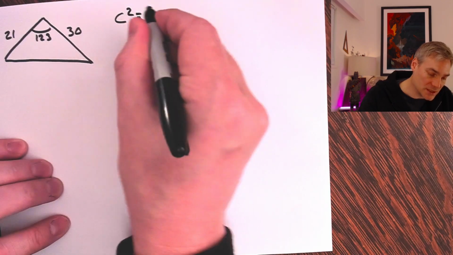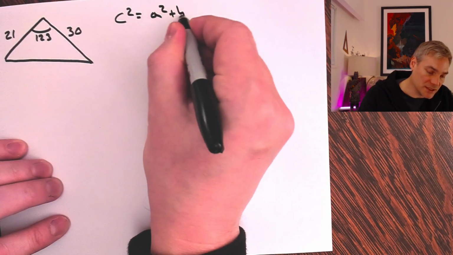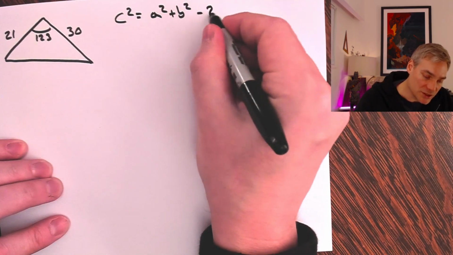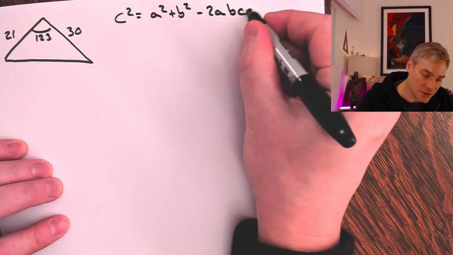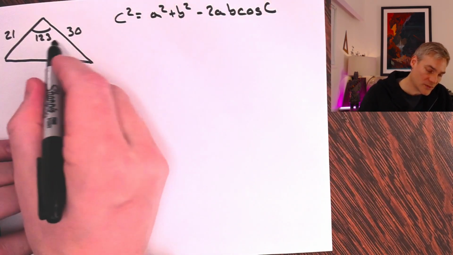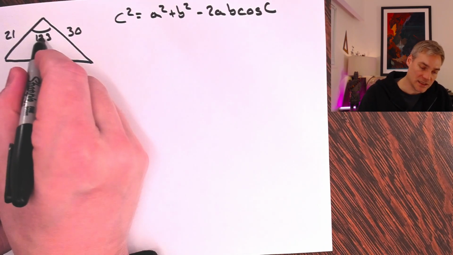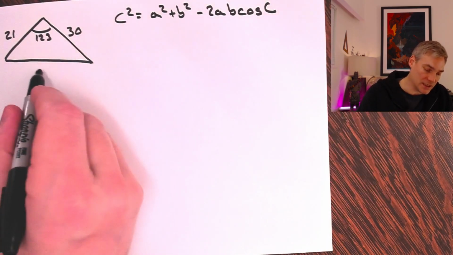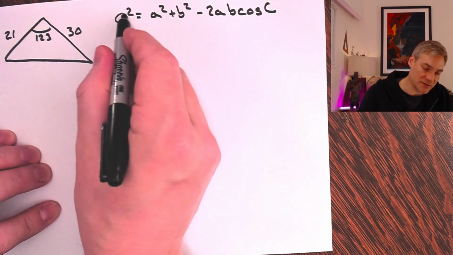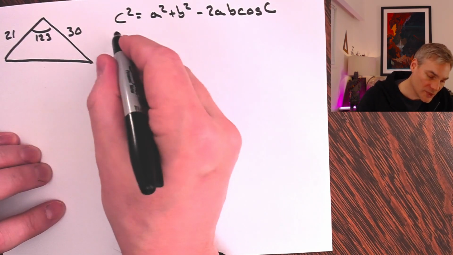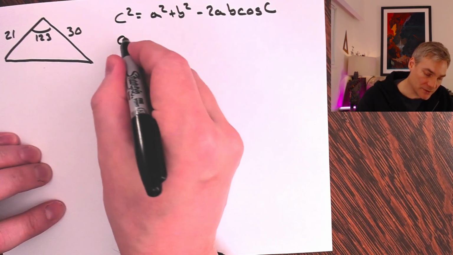So we have c squared equals a squared plus b squared minus 2ab cos c. If this is c, that's the angle I have, then this is side c, so I'm solving for c squared. And we can just take the root of everything right from the get-go.